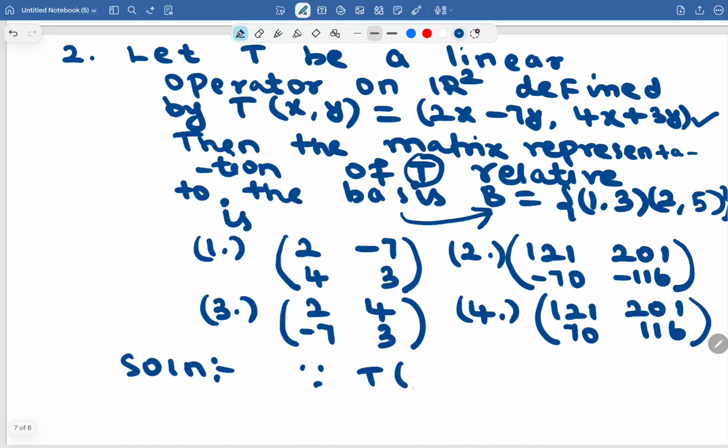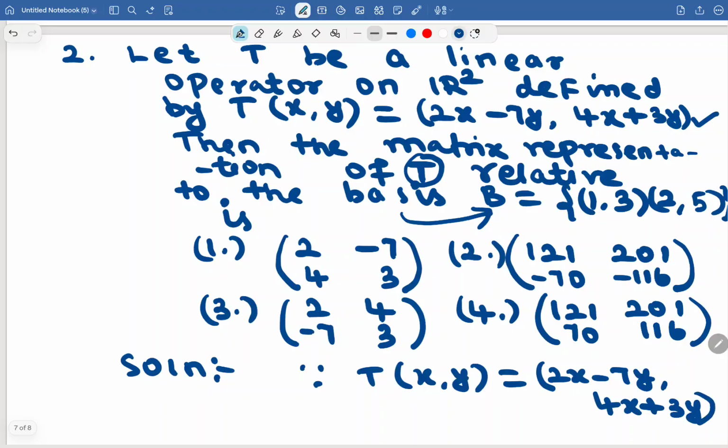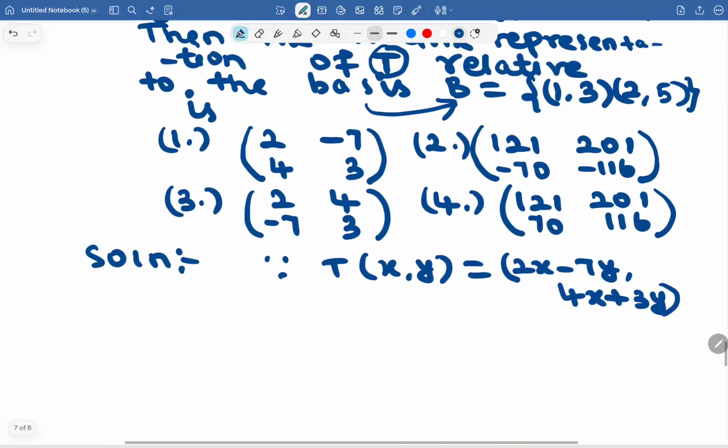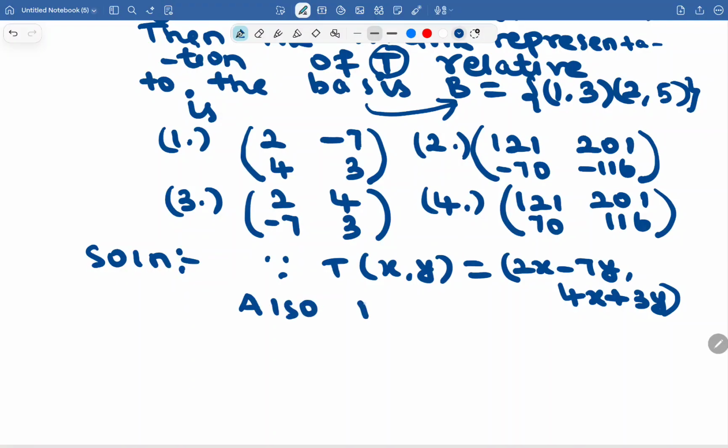Since T(x, y) = (2x minus 7y, 4x plus 3y), and the basis B is given as (1, 3), (2, 5).